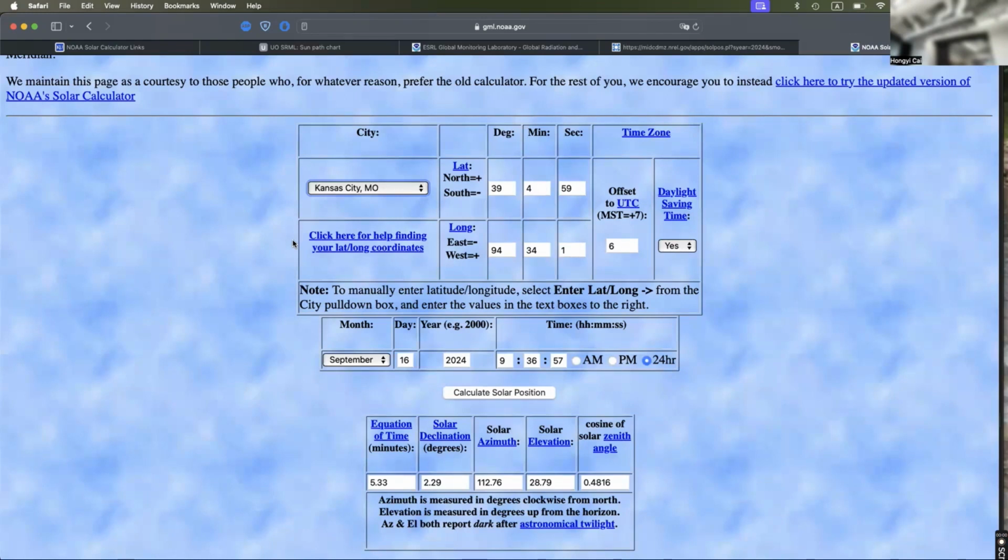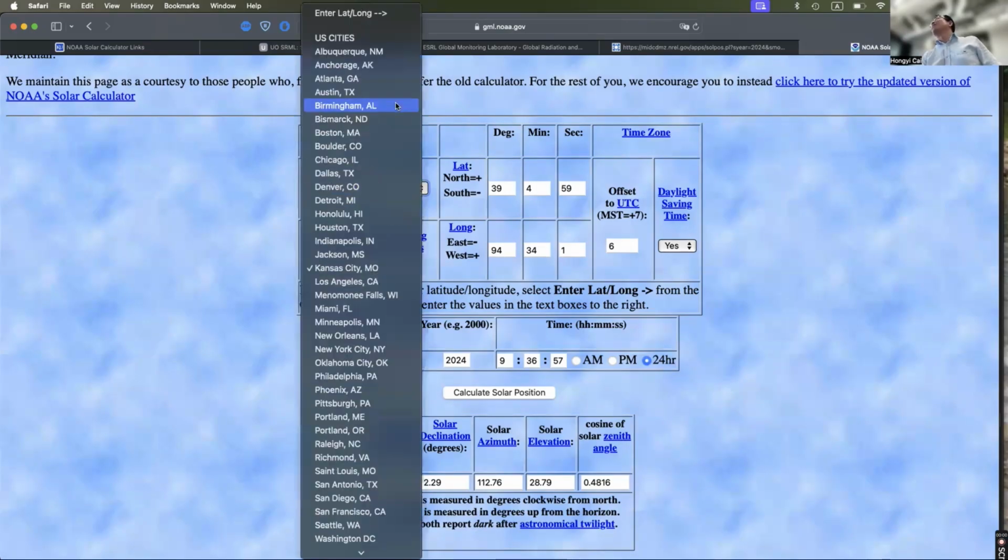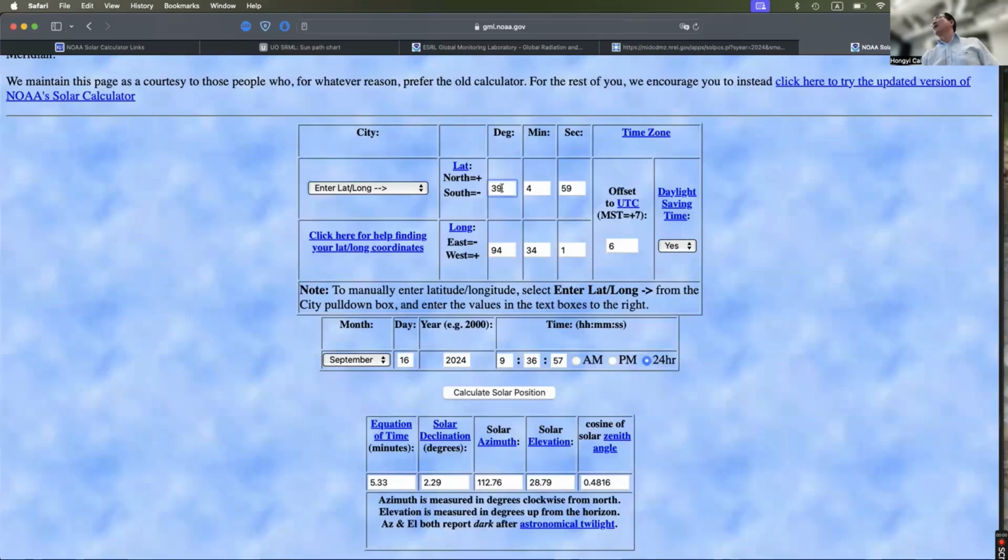Then the first input should be 38. How about we just do one? This should be 38. Okay. And then the minutes, in this case you have 0.9717 degree. How many minutes? Times 60, right? Can you give me the answer?